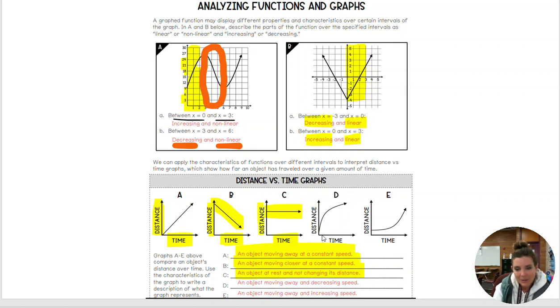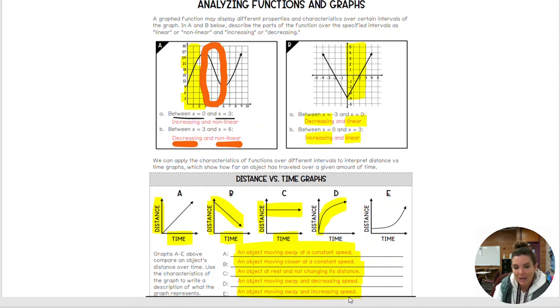And then the next one, we can see that if we're starting here, the object is moving away over time, and it's moving kind of quick right here, but then as time passes, it starts to move a little slower. The speed starts to decrease a bit. And then the last one, an object moving away and increasing speed. So we can see that as we move here, it's going further away from where it started, and then right here, that object would be increasing in speed.